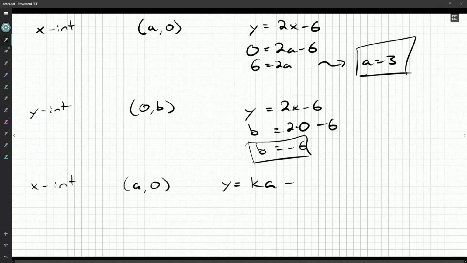Just plug it into the equation. So we'll say y equals kx minus 6, and then 0 is equal to ka minus 6. Bring the 6 over to the other side, and then we can divide by k. So we'll get 6 over k.